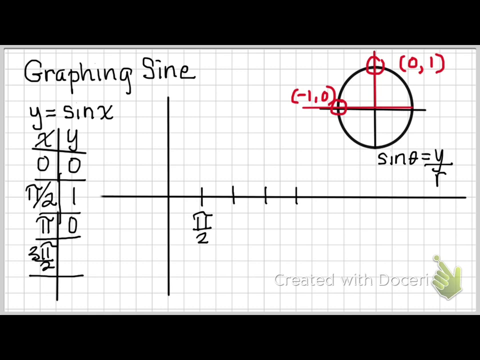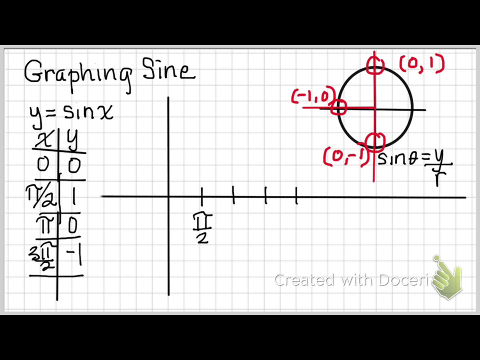Going to the unit circle, I'll rotate around to 3 pi over 2. And then my coordinate there at 3 pi over 2 is going to be 0, -1. So the sine at that position is the y coordinate, which is -1, over r, which is 1. -1 over 1 is -1.